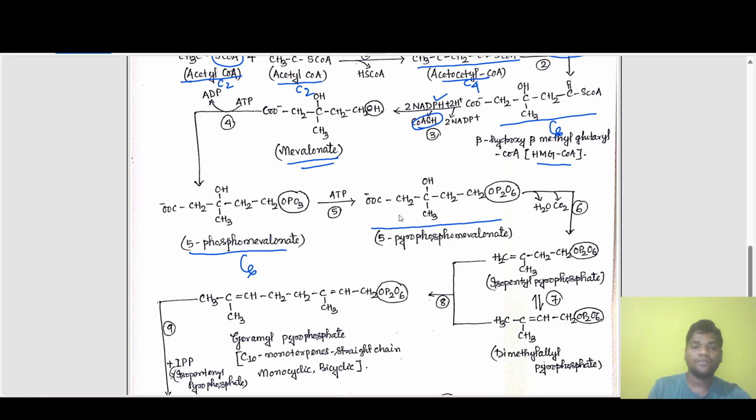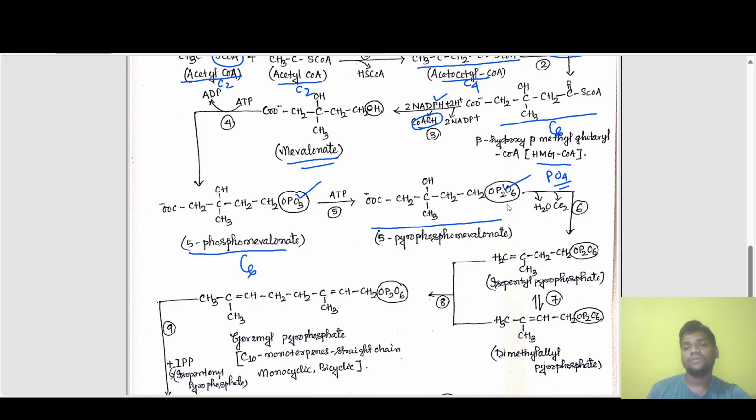See this pyrophosphate, this OP3 is added here. Again by the addition of another phosphate group it will convert to P2O6, that is PO4. Similarly this structure is attached here.